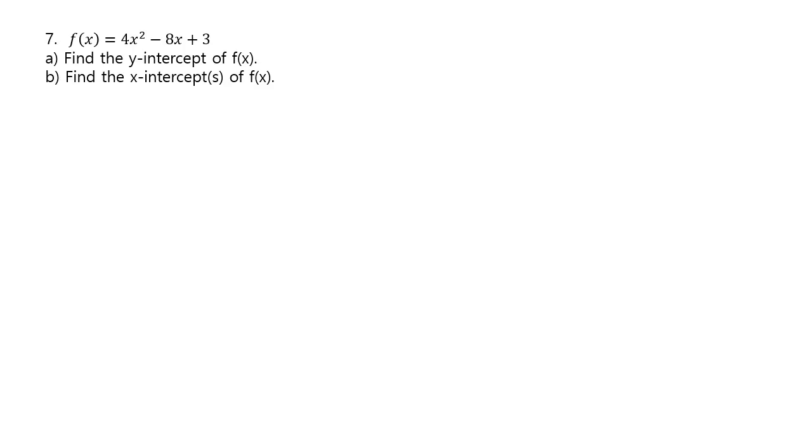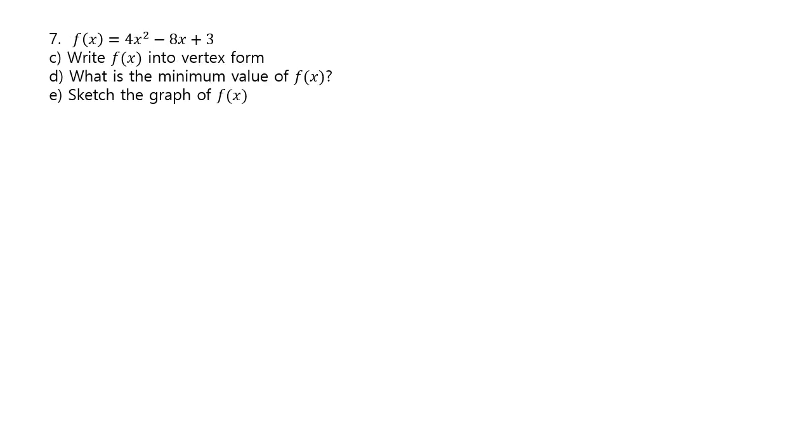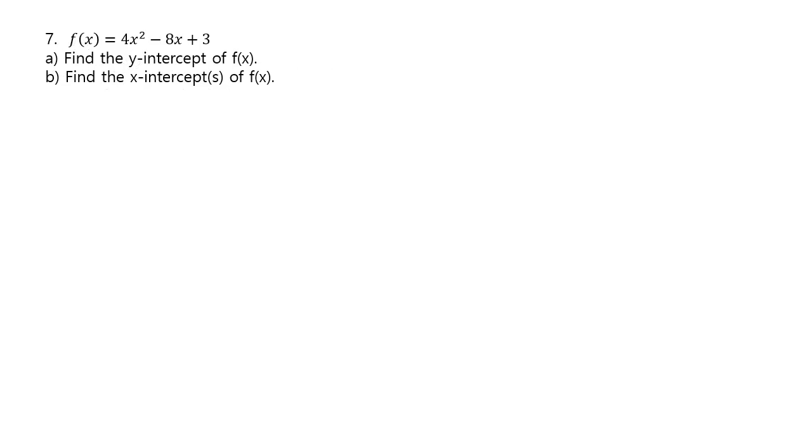Okay, this is probably one of the most important problems in the entire worksheet. This is about quadratic functions. And here I'm just asking for the Y-intercept and X-intercepts, but the next one, the vertex form, is going to be very important. Okay, so let's try to solve this.